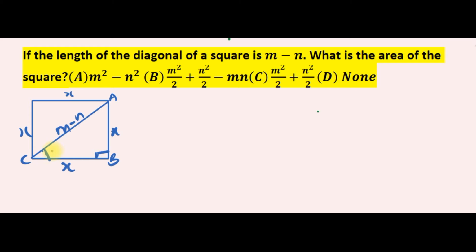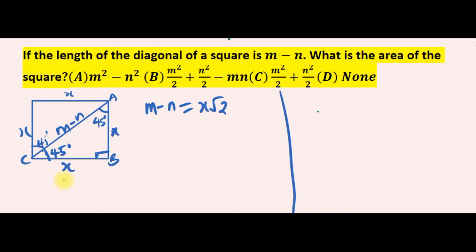So here should be 45 degrees, because we know the diagonal of any square bisects the vertex angle. You know this is also 45. So from our 45-45-90 triangle theory, the value of the diagonal, that is, m minus n, must be x times root 2.